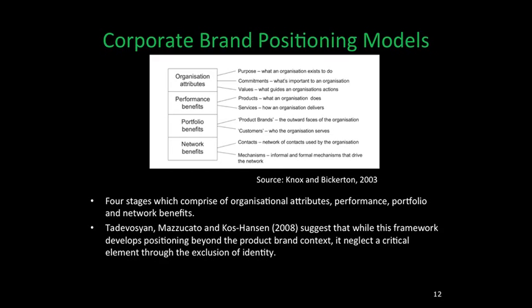Whilst it suggested that this framework develops positioning beyond the product brand concept, it neglects a critical element, identity, again. So these are some of the areas that you could consider when positioning your brand. However, be aware of what is used, and be aware of what works best on the slides.